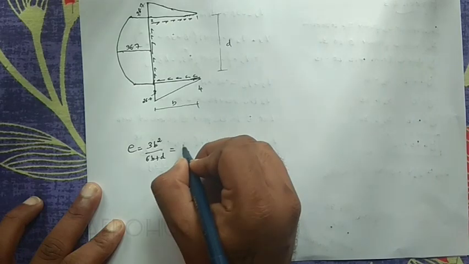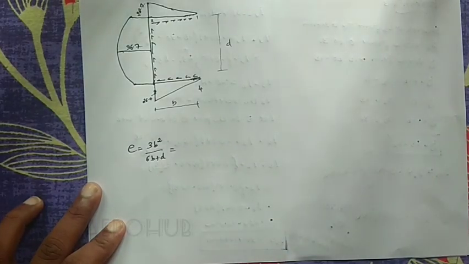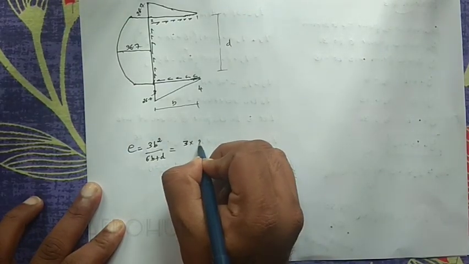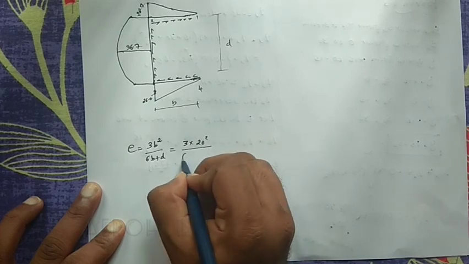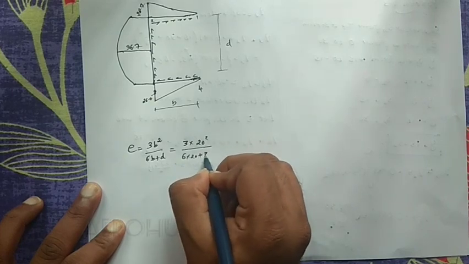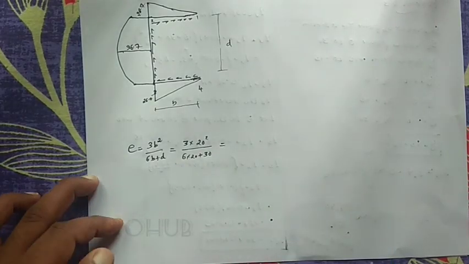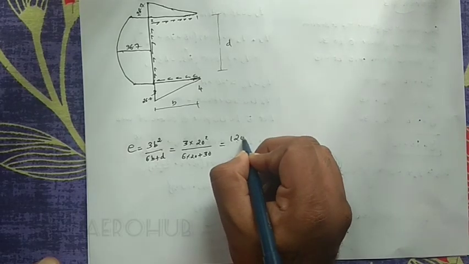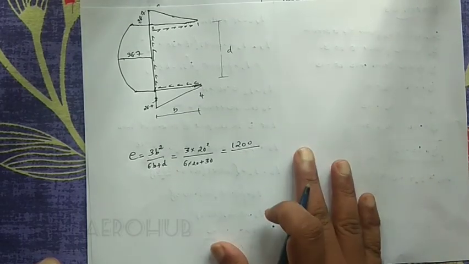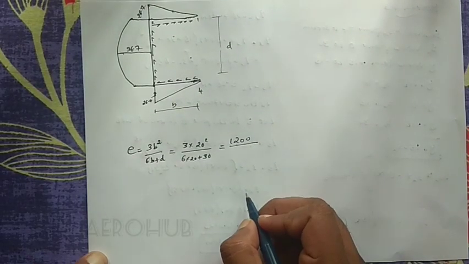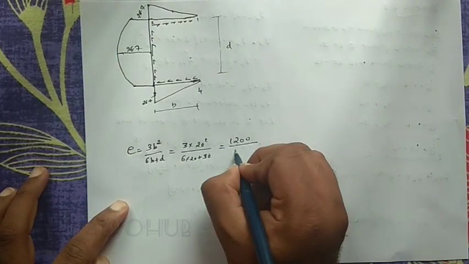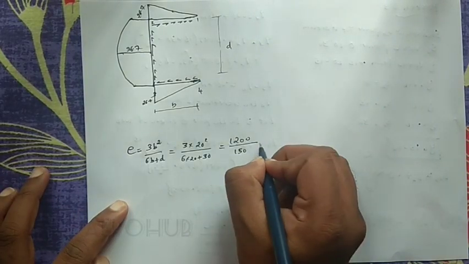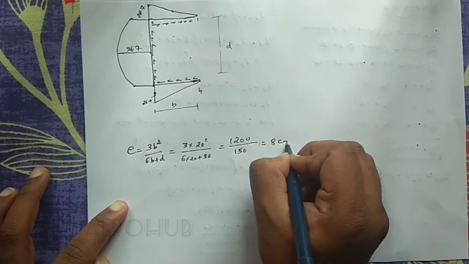Here the value of b is 20, so I can write 3 into 20 square divided by 6 into 20 plus 30. After solving, 20 square is 400, 400 into 3 is 1200, divided by 6 into 20, which is 120, plus 30 is 150. So we'll be getting 8 centimeter.